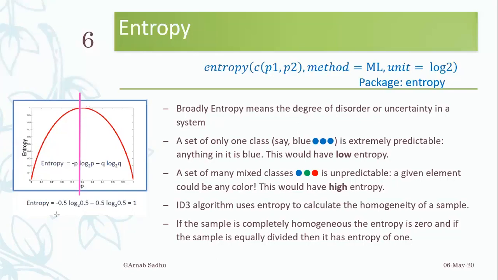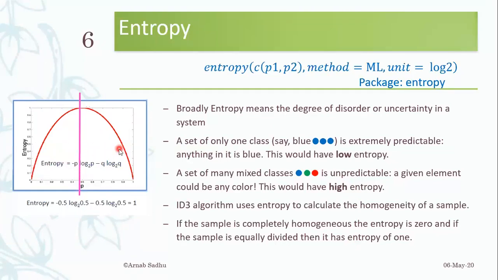And if the sample is equally divided into two sets, then the entropy is 1. Otherwise the entropy will be in between 0 and 1. This is the formula, minus pi log2 pi, with i equal to 1 to c, where c is the number of classes.